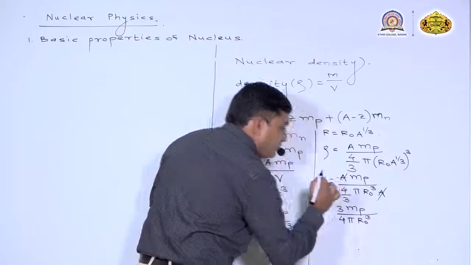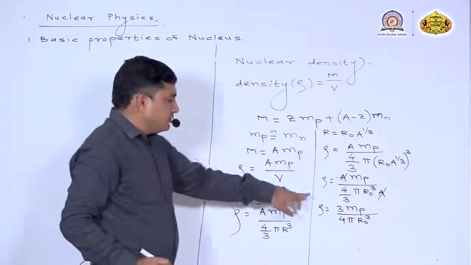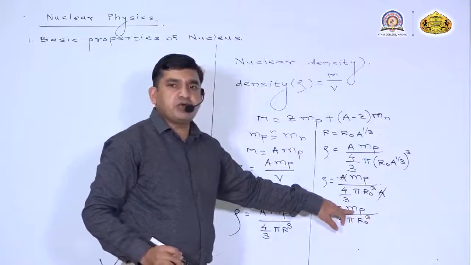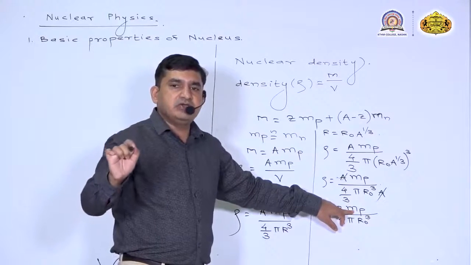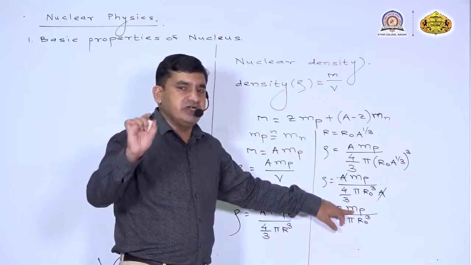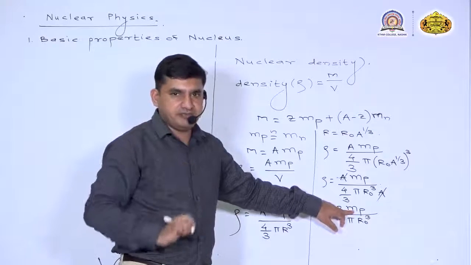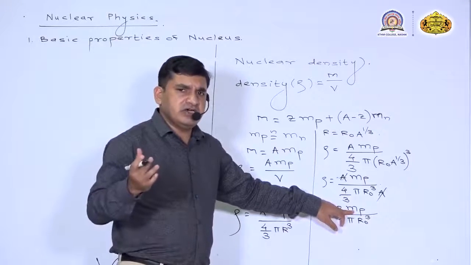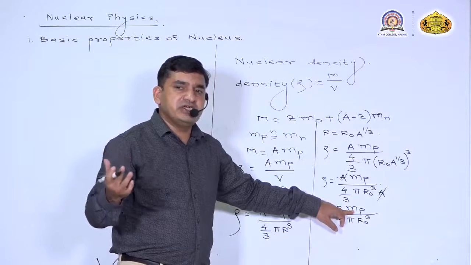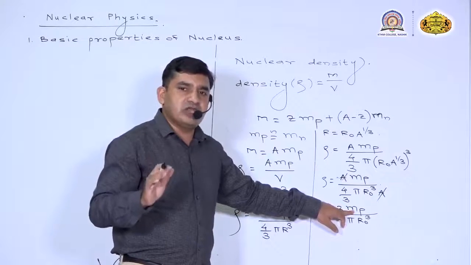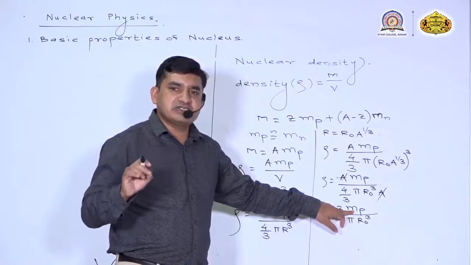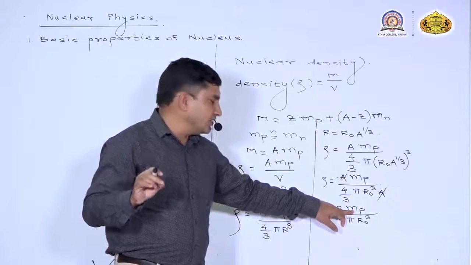Now the value of the mass of a proton is 1.67 into 10 raised to minus 27 kilogram. We know that it can also be represented in terms of the atomic mass unit, but in terms of kilogram it is 1.67 into 10 raised to minus 27.